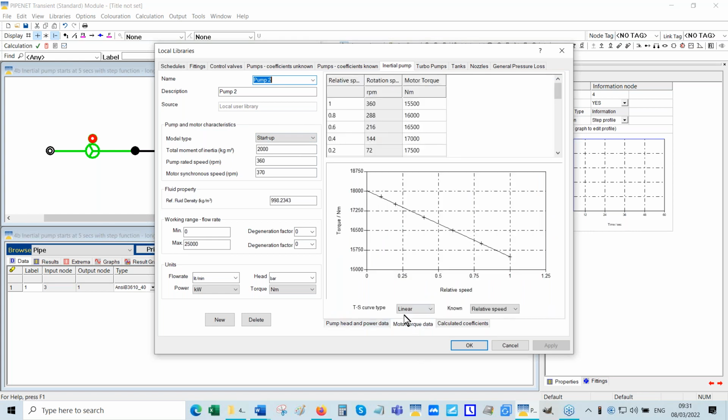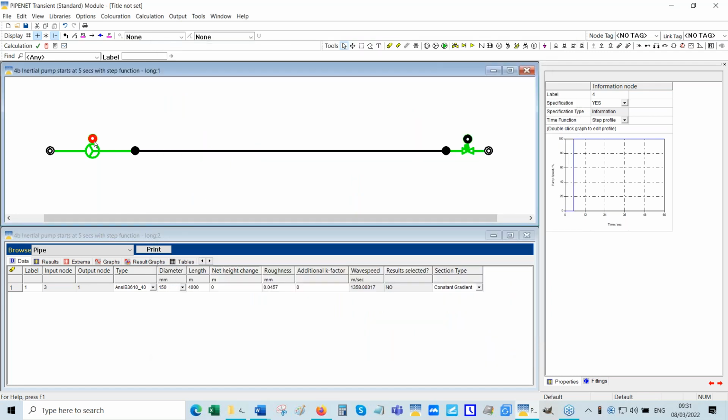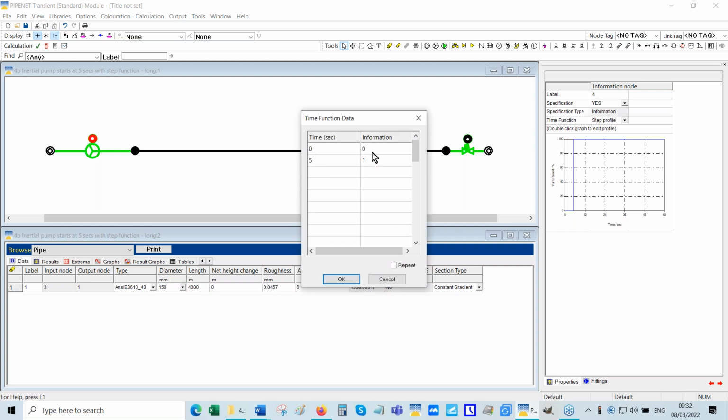We have to supply the torque curve because how the pump runs up depends on the torque. And that's the torque against the speed. And then we specify through the information node the time at which you press the button, essentially. Of course, it could be a switch or something like that.